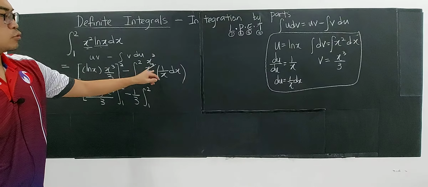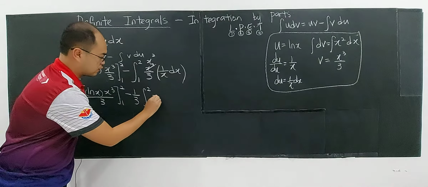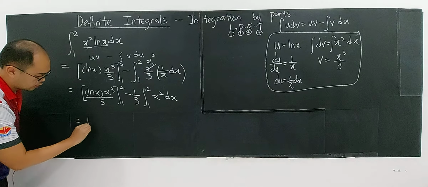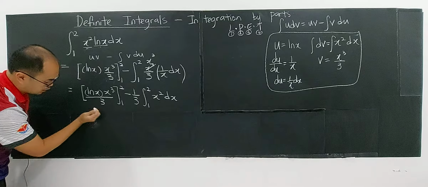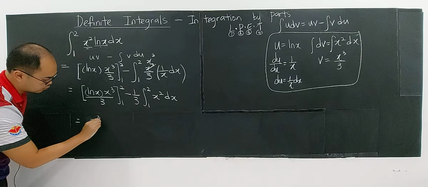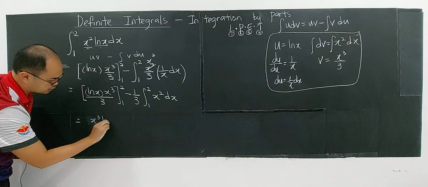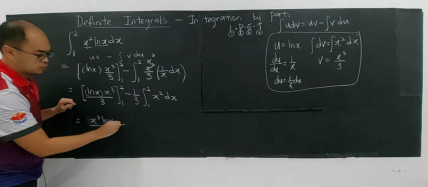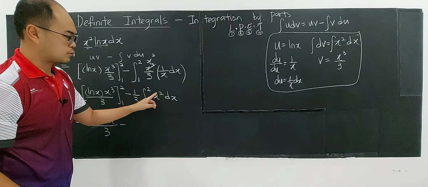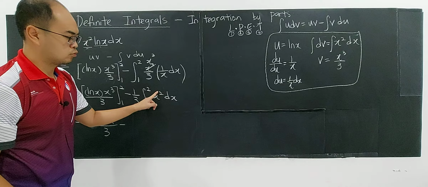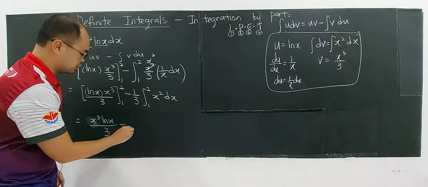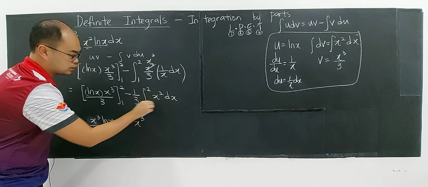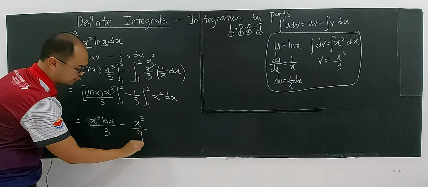So you can rewrite this as x cubed ln x over 3, minus the integral of x to the power of 2. Integrating x to the power of 2, you add 1 to the power, giving x to the power of 3 over 3, and with the one third, 3 times 3 gives 9.